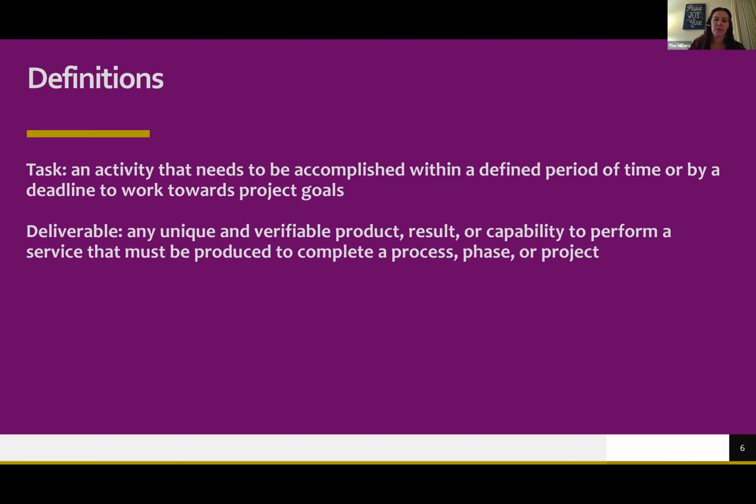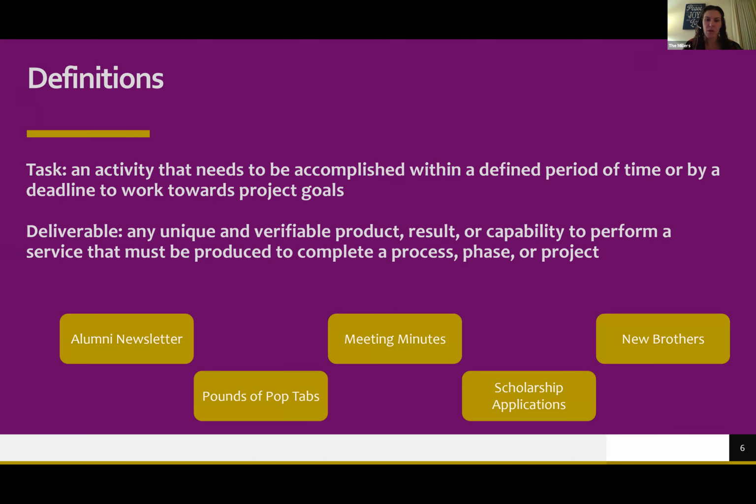And then a deliverable is that unique and verifiable product, result, or capability that must be produced to complete a project phase or process. So for example, a deliverable of your elections as a chapter would be your officer report that you populate to the hub. Some other deliverables that we see in Delta Sigma Pi: an alumni newsletter, so your VPAR puts out an alumni newsletter.